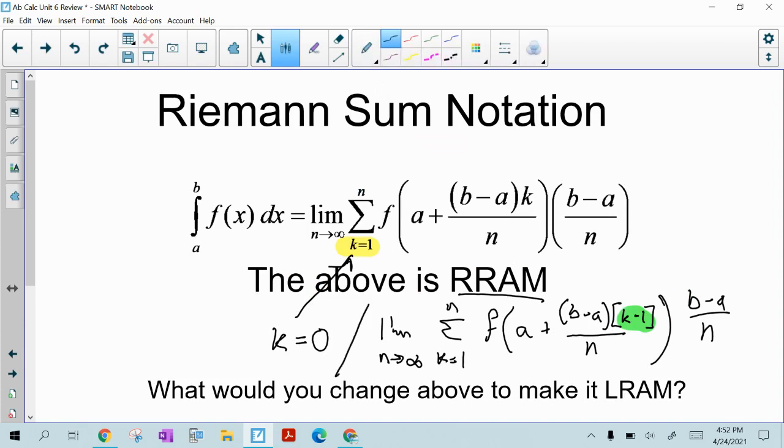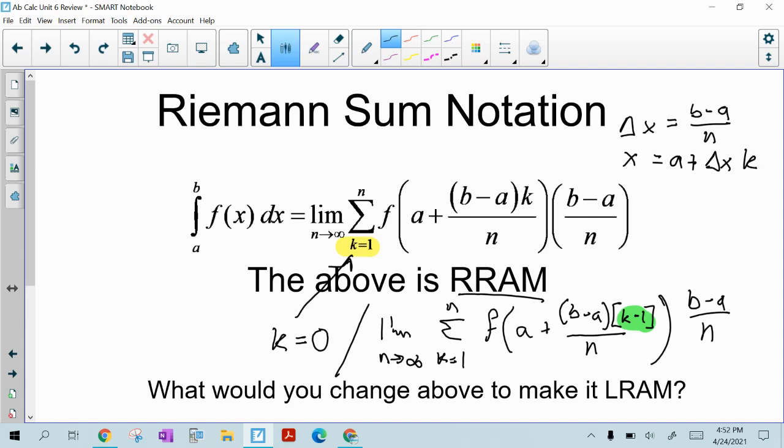You might remember that when we did this problem, we had delta x being b minus a all over n, and my actual x values started off being a plus delta x times k.